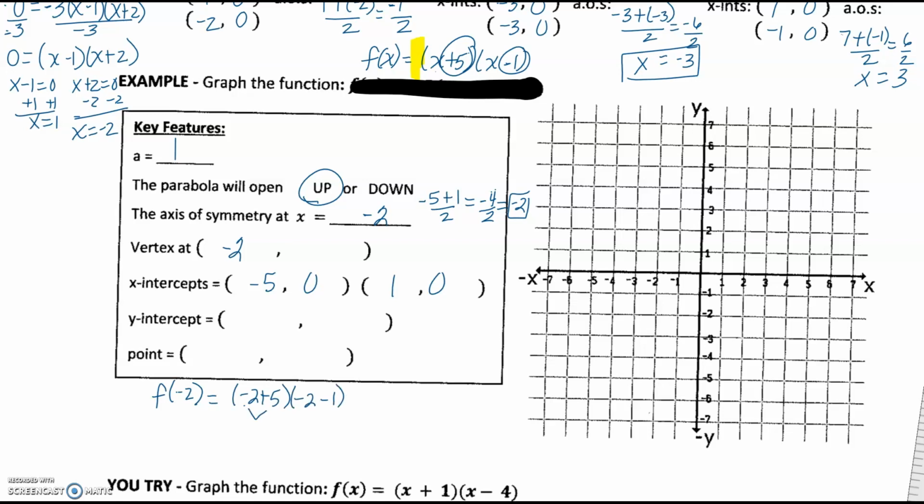Well, negative 2 plus 5 is 3. Negative 2 minus 1 is negative 3. So f of negative 2 equals negative 9. When I input negative 2, what do I output? I output negative 9.